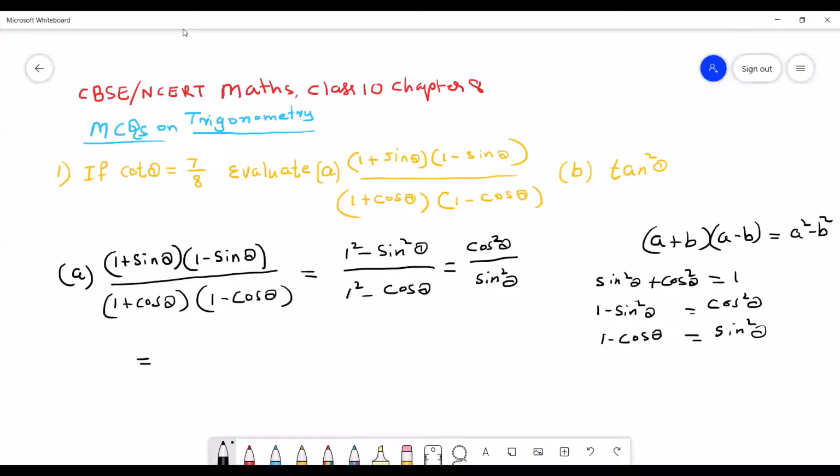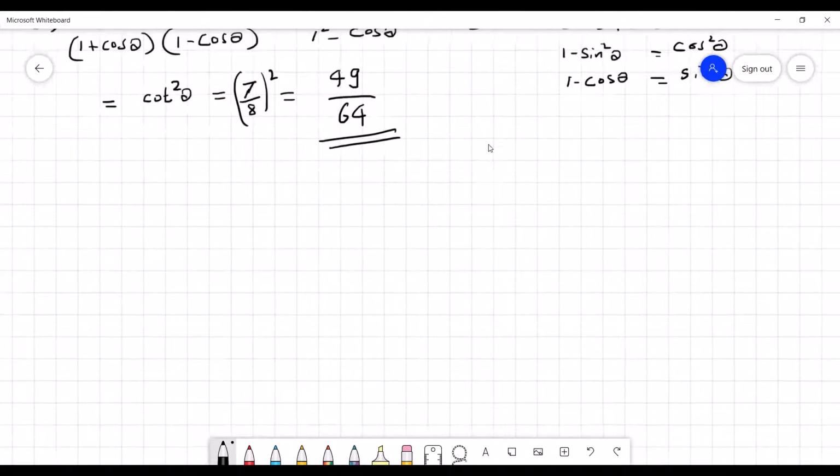Cos theta by sine theta is cot theta, so cos square theta by sine square theta will come as cot square theta. The value of cot is 7 by 8, so 7 by 8 whole square. 7 square is 49 and 8 square is 64. So the value for sub question A is 49 upon 64.